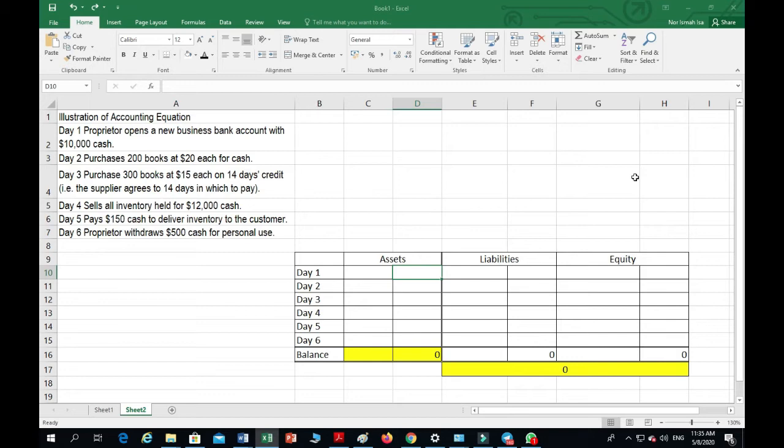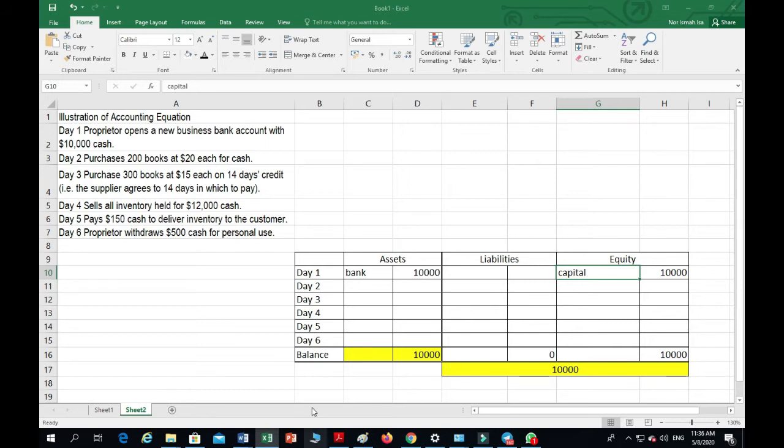Day 1. Proprietor opens a new business account with $10,000 cash. Since the proprietor invests $10,000, the business will increase by 10,000 in bank and also increase 10,000 in capital on the equity side.